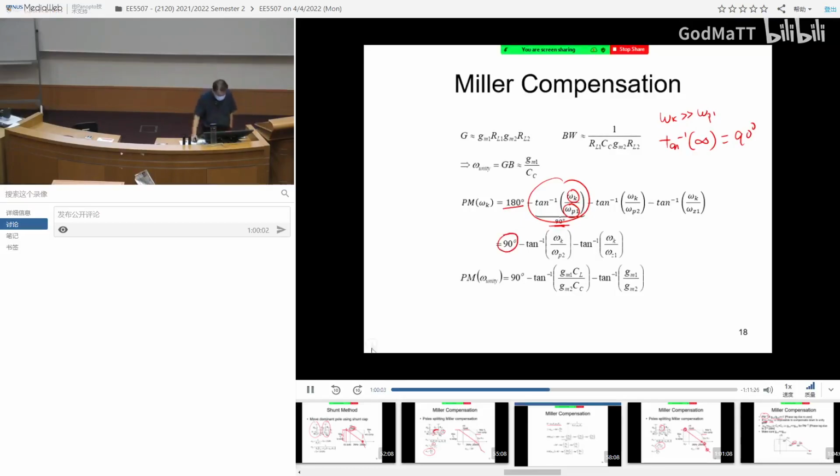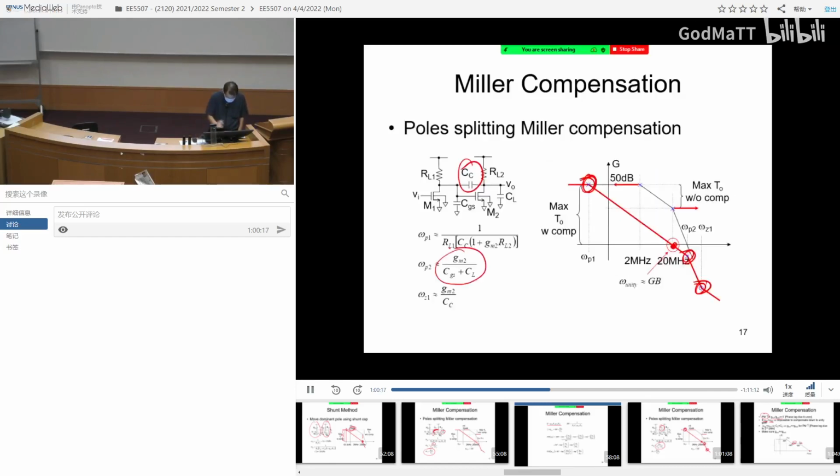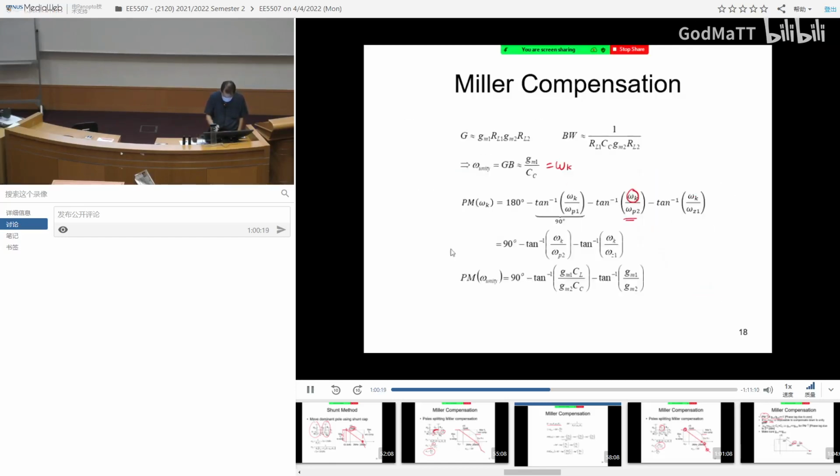Now let's look at the two other terms. This guy, unity gain frequency, we can use omega k. Your omega p2 is given as follows. Okay, so you can actually substitute. Omega k is given by gm1 over Cc.